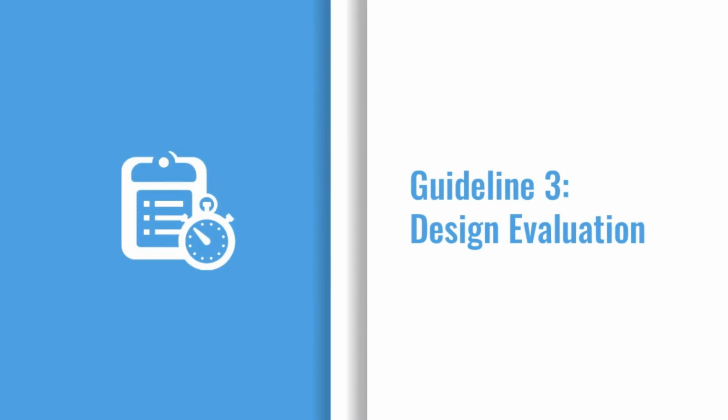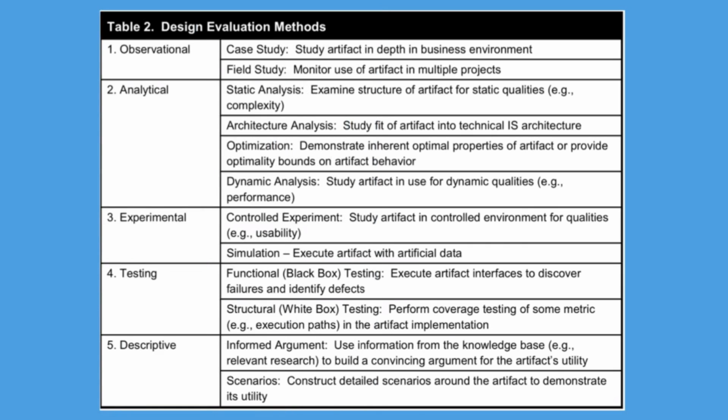Guideline 3, Design Evaluation. The utility, quality, and efficacy of a design artifact must be rigorously demonstrated via well-executed evaluation methods. Because design science is inherently an iterative and incremental activity, the evaluation phase provides essential feedback to the construction phase as to the quality and the design process and the design product under development.